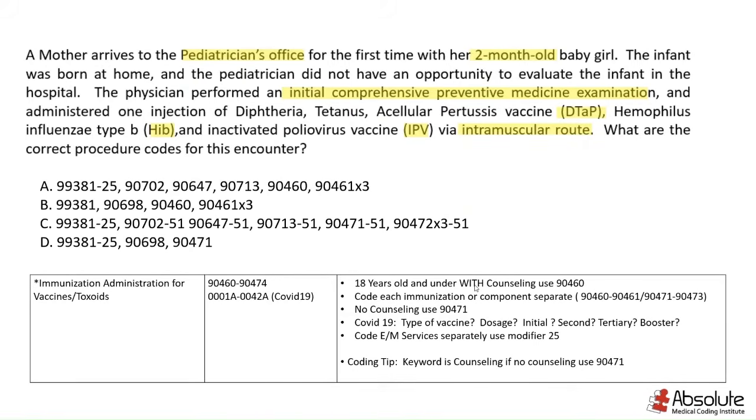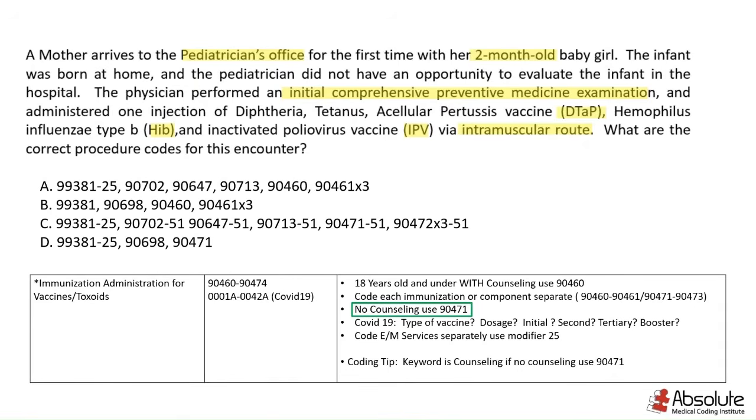It's a 2-month baby, and is there counseling which is given to the patient or to the parents? Is there any counseling which has been provided or not? Yes, there is no counseling which was given to the patient or the parents. That means no counseling.